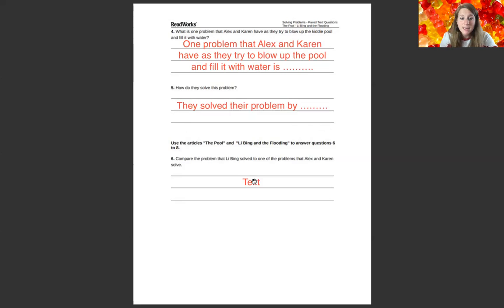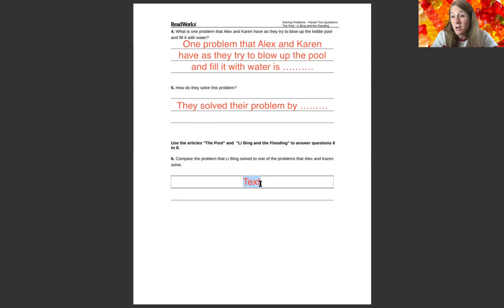Okay, number 6, compare the problem that Li Bing solved to the problem that Alex and Karen solved. Okay, this one's a little tricky for me. I don't necessarily love this question just because it says to compare the problem. That means tell how they're similar.